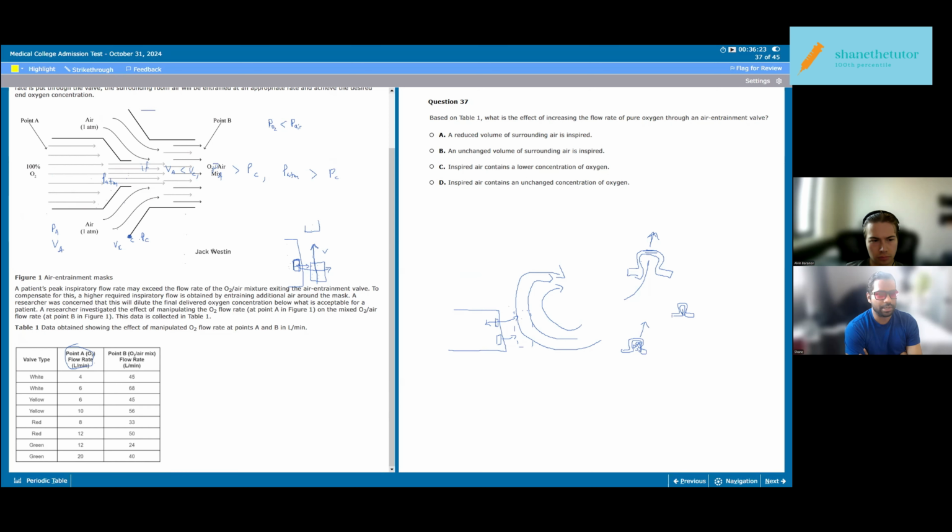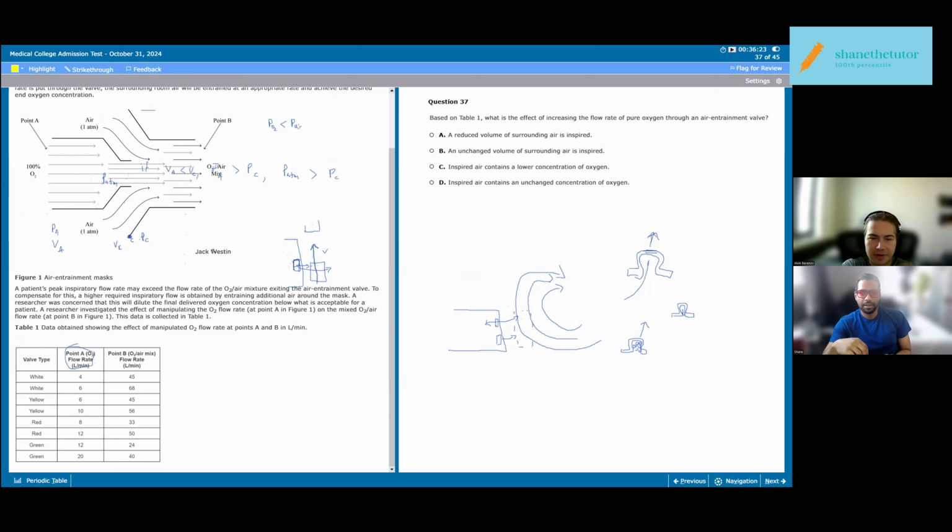A says a reduced volume of surrounding air is inspired. What is that saying? That there's just less air from the open. There'd be less open air coming in. Okay.